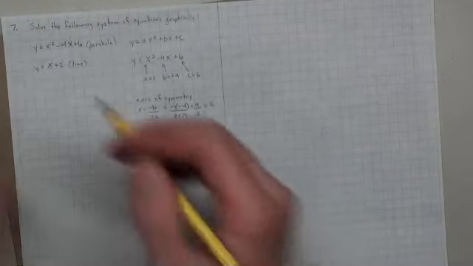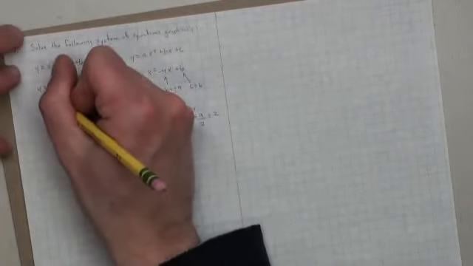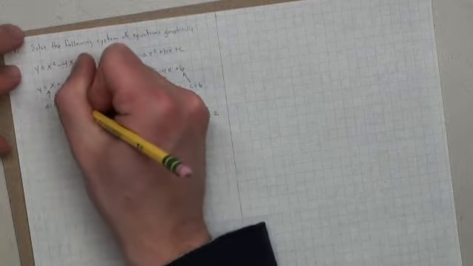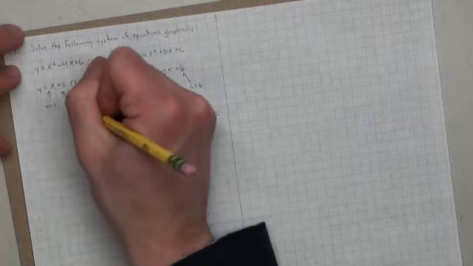Okay. And we can also look at our line and see that our slope is 1 and our y-intercept is 2.